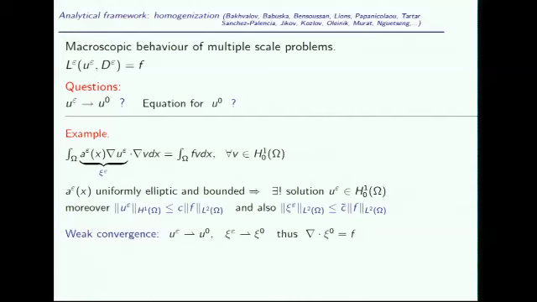So now, weak convergence theory tells us that there is a weak convergence of u epsilon to u0 in H10, and a weak convergence of the flux to C0, okay? And then we can pass to the limit here, and we have this equation, divergence of C0 is f, okay? So that's almost all for free, okay?